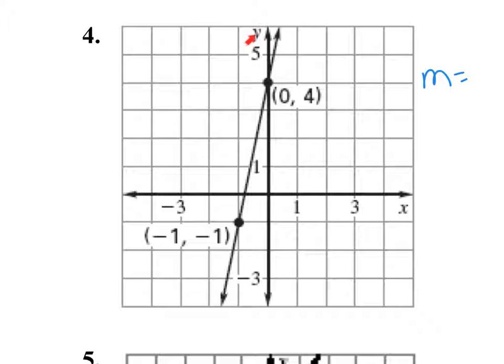So here's the y-axis going up and down. Where does the line cross it? That is your b. And then you're just going to rewrite it, y equals blank x, plus or minus whatever the b is. It's that easy.